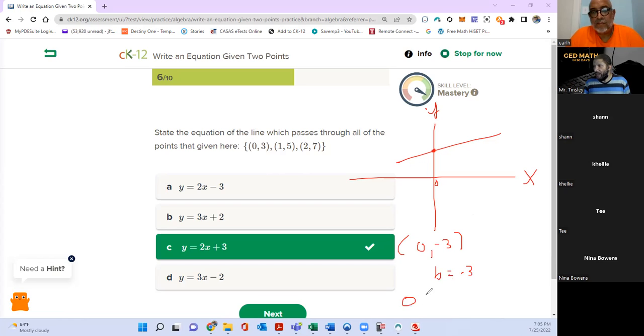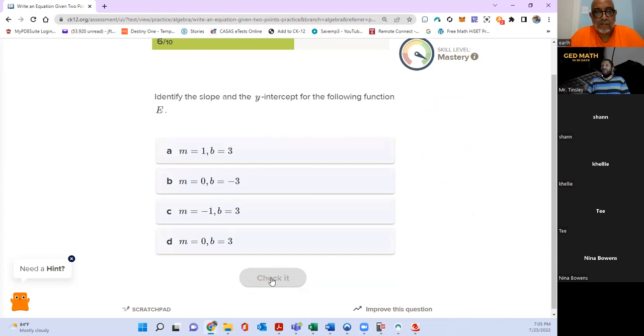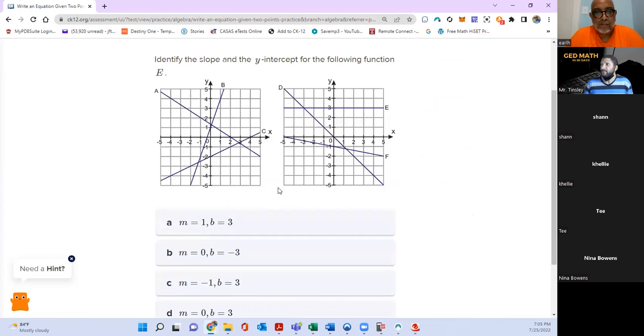If I see 0, 7, my y-intercept is 7. That is the definition of the y-intercept. Where does it cross the y-axis? At x equals 0. Okay, these are the things that you need to start noticing about patterns in math. Once you start recognizing these patterns, it becomes easy.